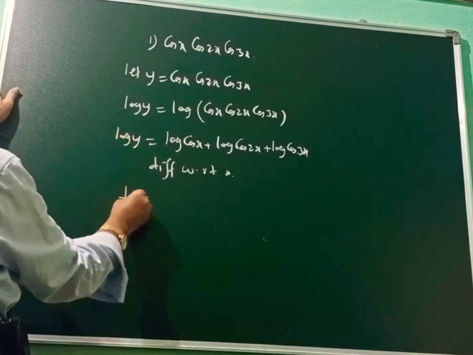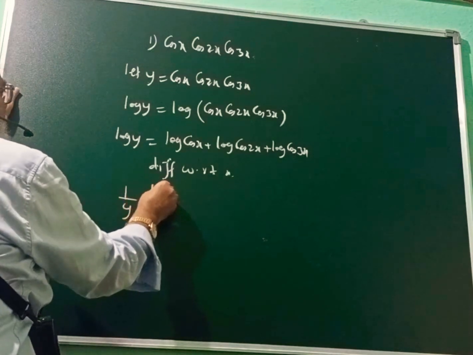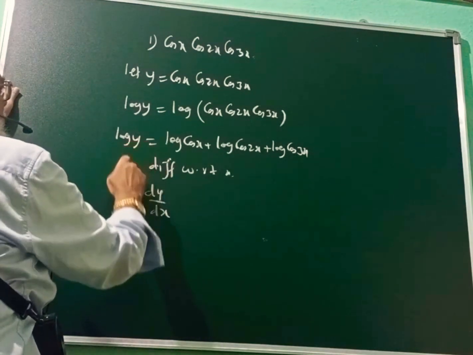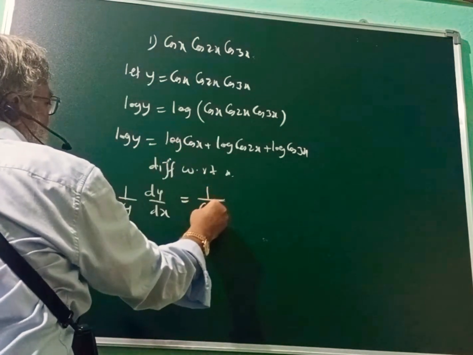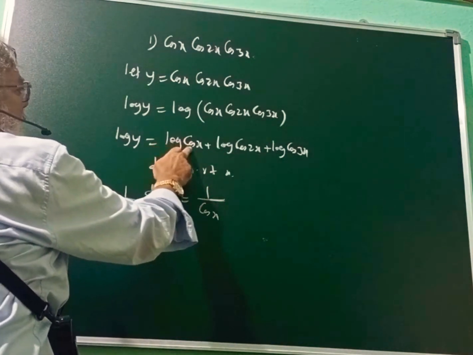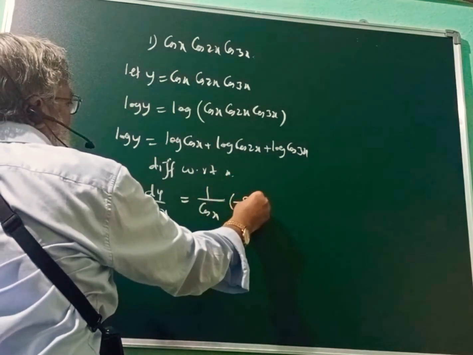Differentiation of log y is 1 by y, differentiation of y is dy by dx. Now differentiation of this log is 1 by cos x, differentiation of cos x is minus sin x.